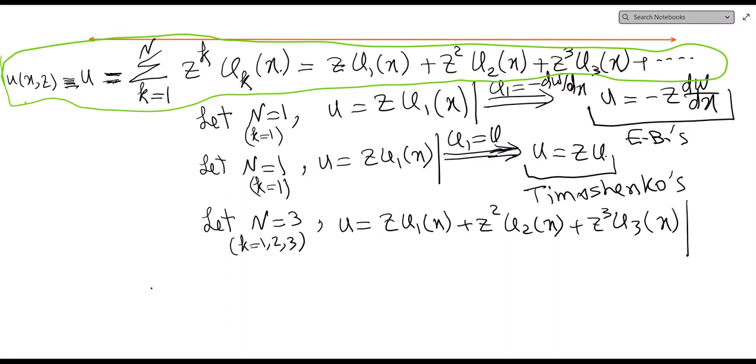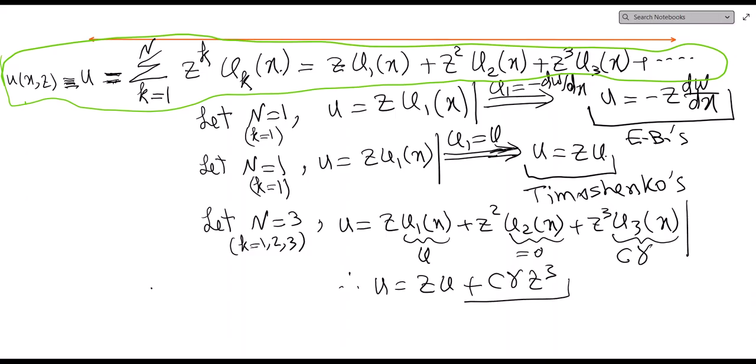Now here, if you let phi_2 be 0, and let phi_1 be phi and phi_3 be a function of, let's say, gamma, then you will get z phi plus, give it a constant here, c gamma.